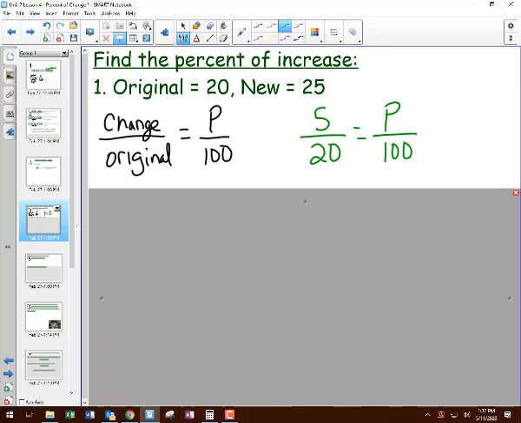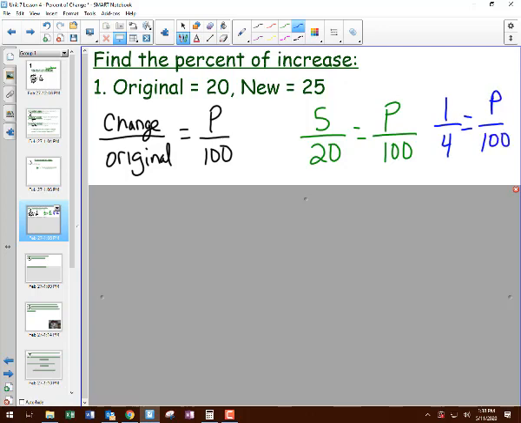This 5/20ths, we'll turn that into 1/4 is equal to P over 100. Find the rule. 4 times what is 100? Well, that's 25. So 1 times 25, and for this example, P is going to be equal to 25. So there's a 25% increase. When you solve for P, that P is going to be a percent.